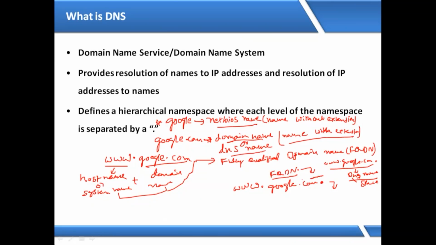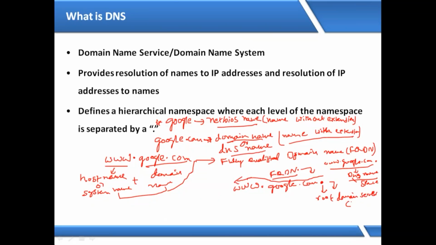The resolution will take place from right to left, not from left to right. So this dot is called the root server, the root domain server. It is a DNS server.